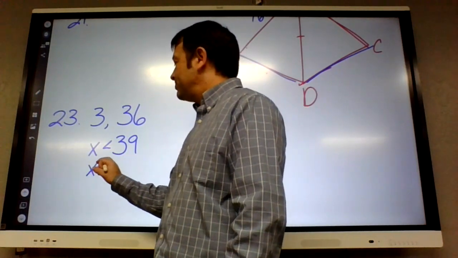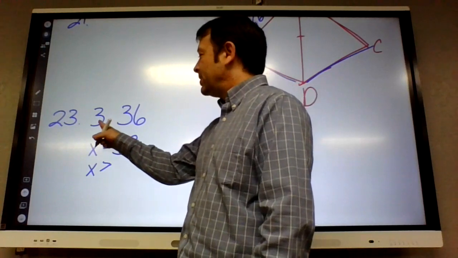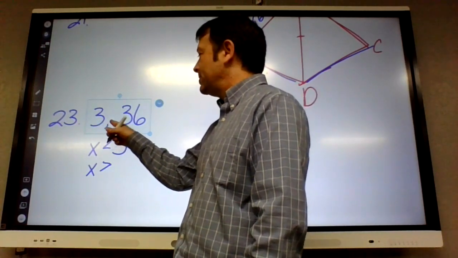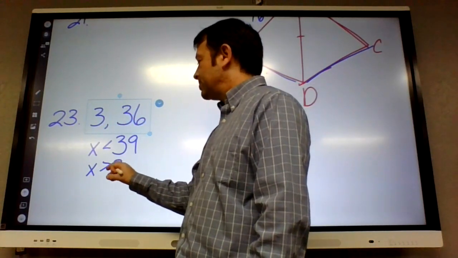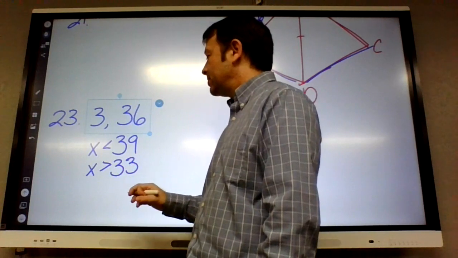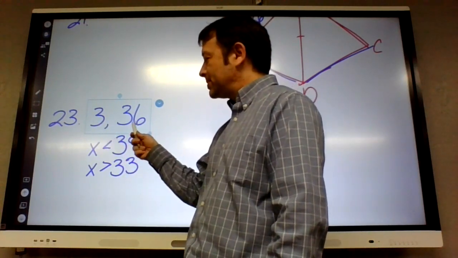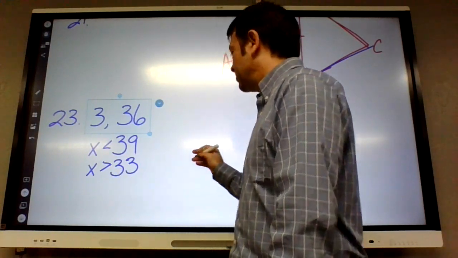Also, though, it has to be bigger than, okay, this guy, 3, and some other side need to be bigger than 36. So it also has to be bigger than 33, because 3 and 33 together make 36.